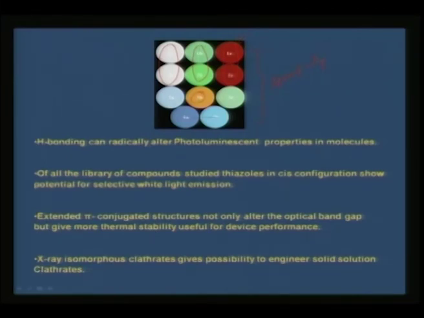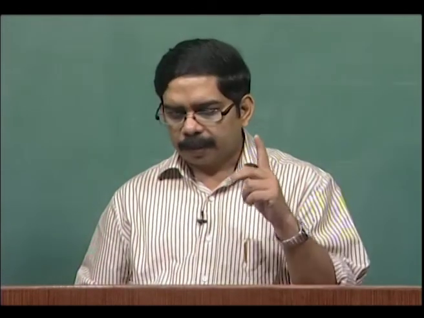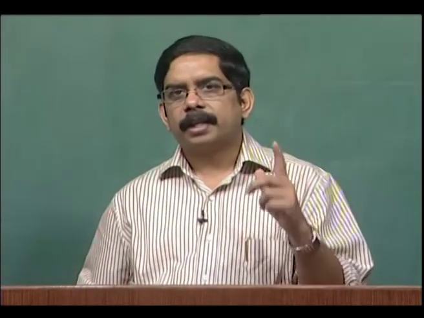So, with this notion, one can say that there is a very definite way, more like a thumb rule, to rationally prepare the desired organic compounds that will give you a preferred emission.